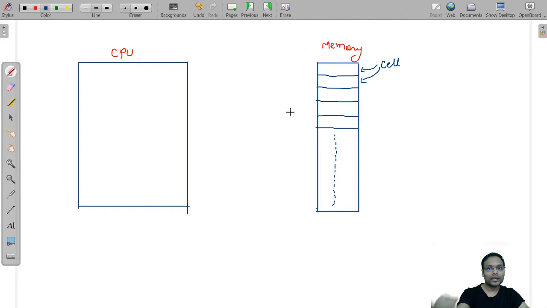With that number we can access that specific cell's content. This cell number starts with 0, then 1, then 2, then 3, 4 and so on. These cell numbers are known as memory addresses. And why do we assign these cell numbers or addresses? So that we can access each and every cell uniquely.